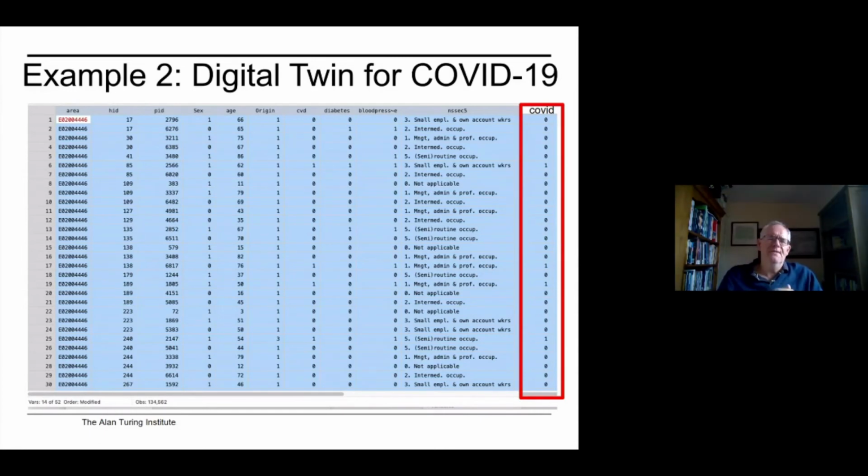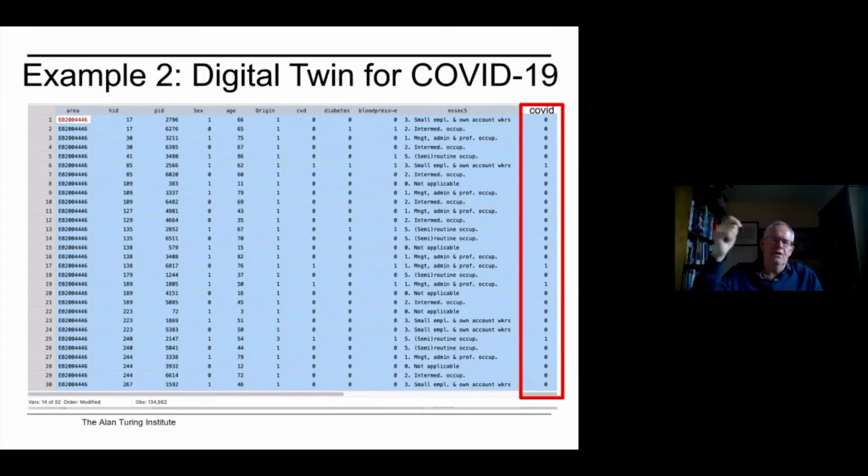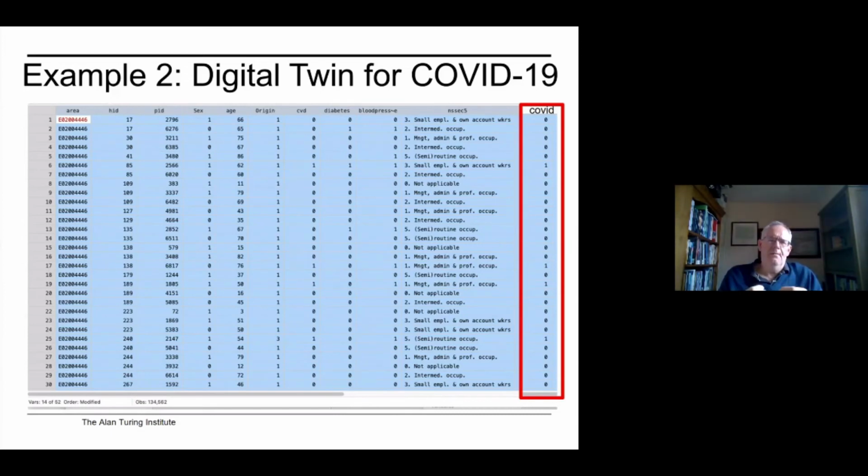And whereas in the previous example I was thinking about quite long-term strategic impacts on people's lifestyle, employment patterns, housing market movements and status. In this case, we're going to be thinking about similar kinds of dynamics, but over a much shorter time period.